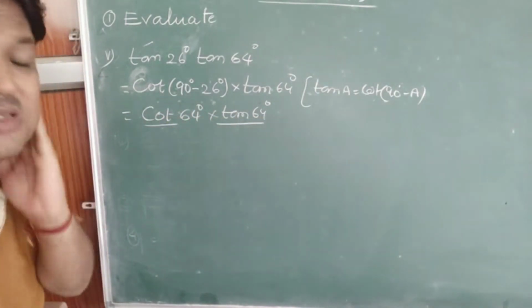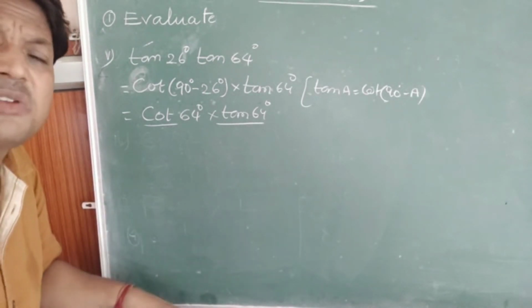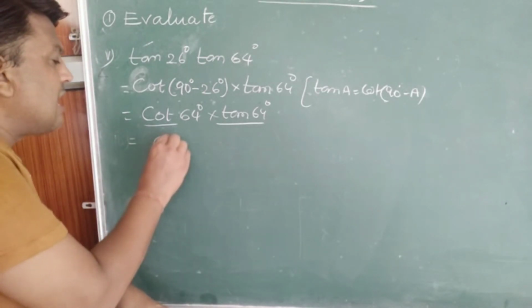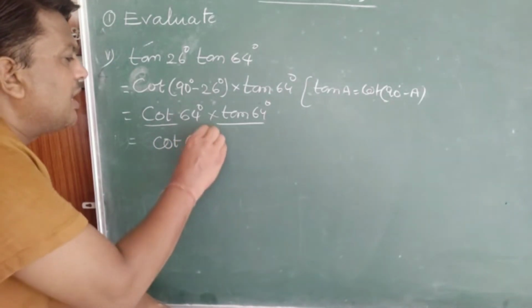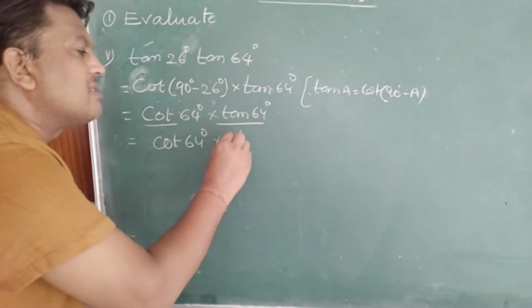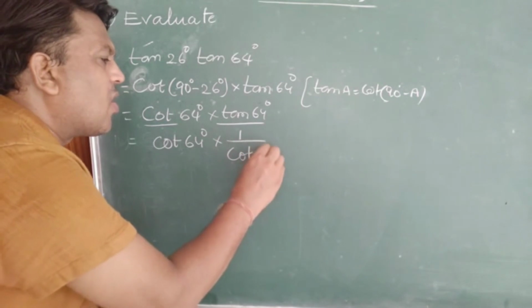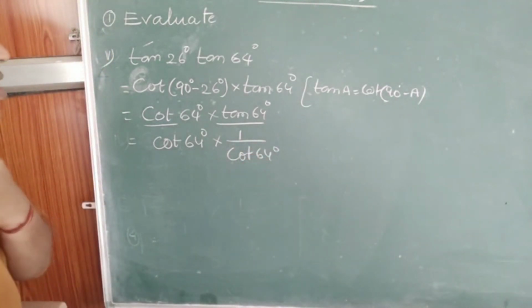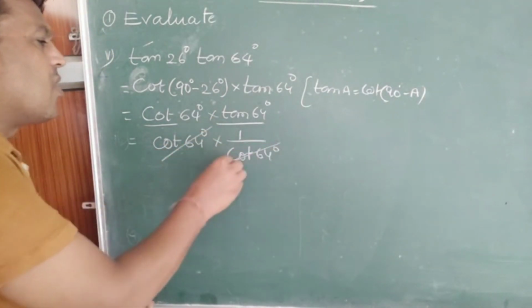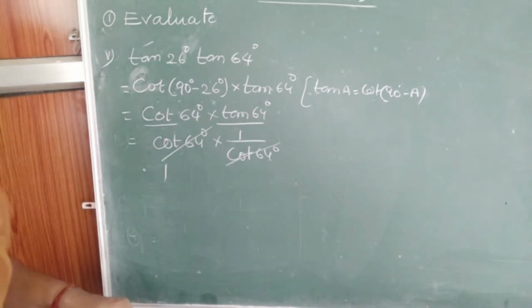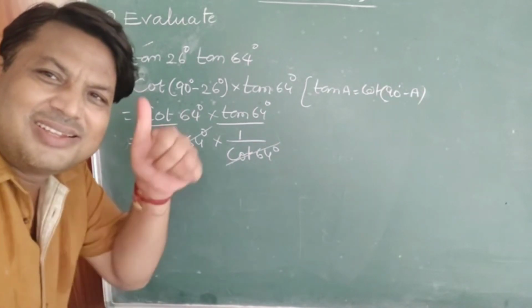Yes, they are multiplicative inverses of each other. So I can write cot 64 degree into tan theta, which is nothing but 1 by cot theta. 1 by cot theta, same degree, cot cancels. Again you got the answer 1, children. Okay, children.